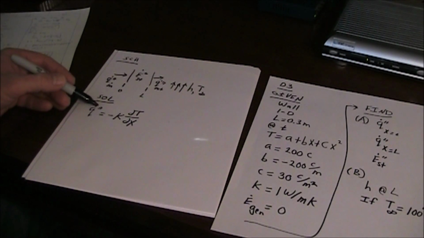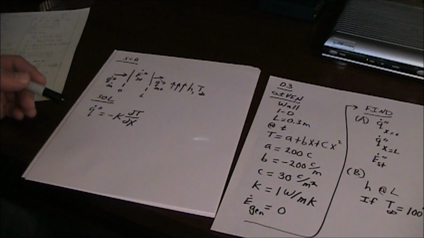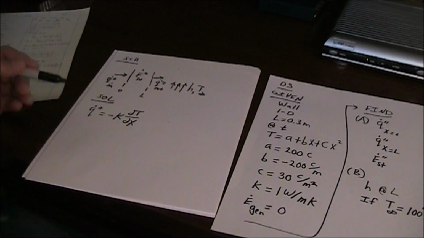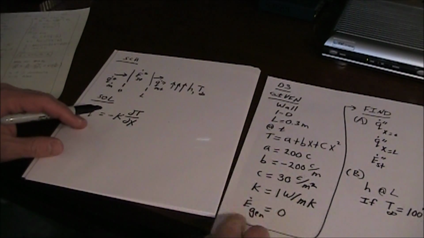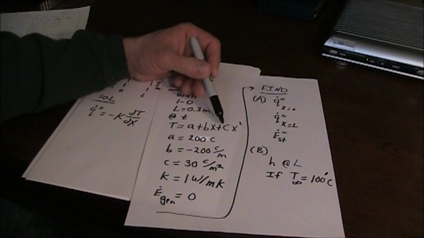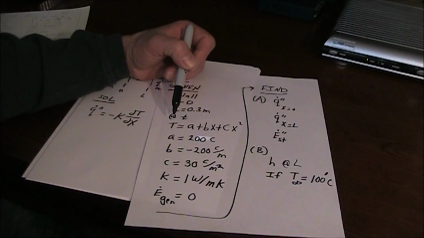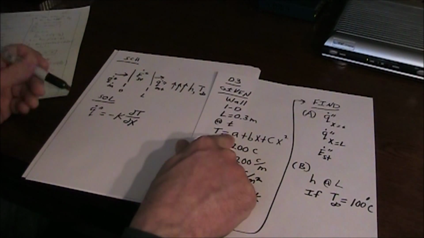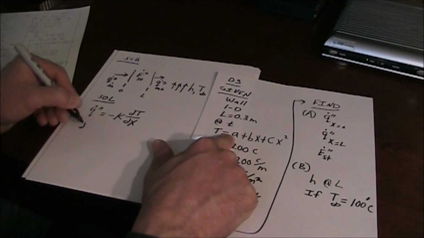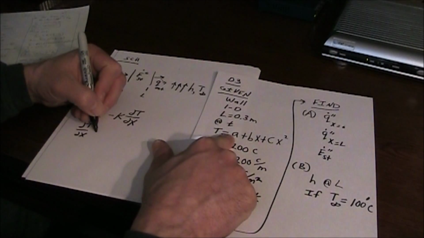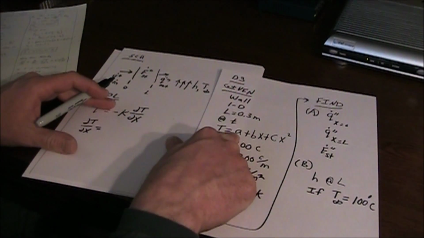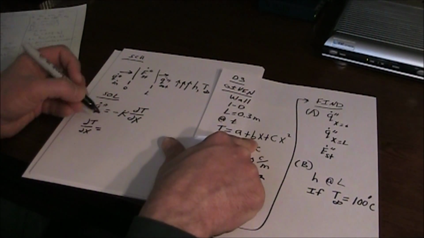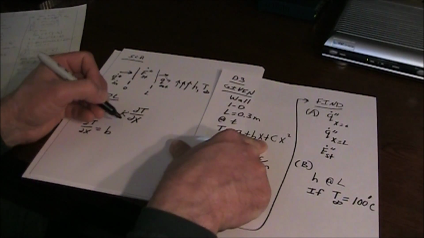Okay, and double prime is here because I divided through by the area. Well, the temperature here again is given by this equation, so we can take the derivative with respect to x of the temperature, and if you do, dT dx is equal to, okay, the A would just go away, we'd have B plus 2Cx.